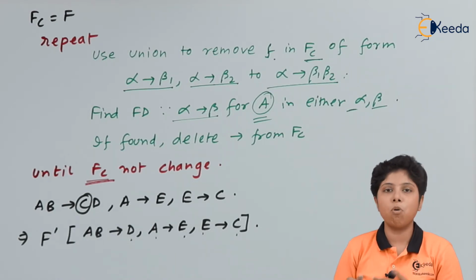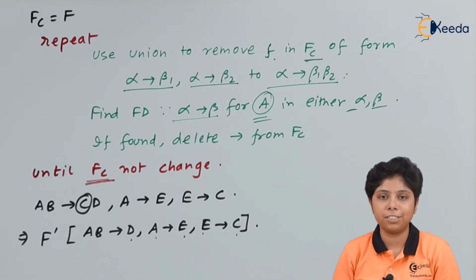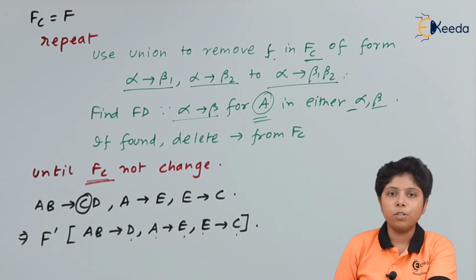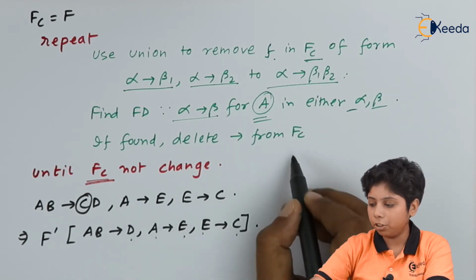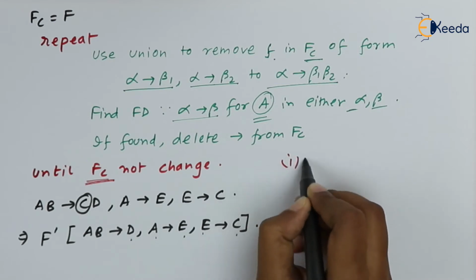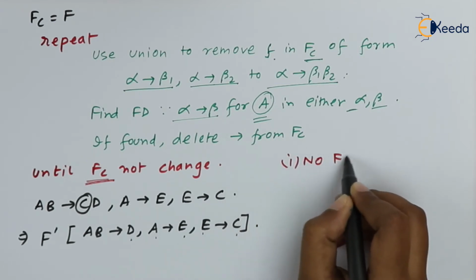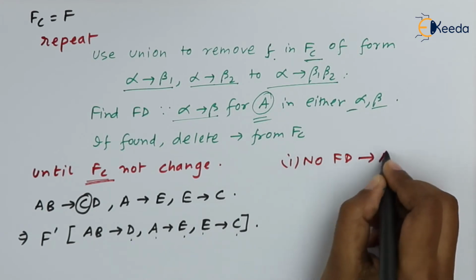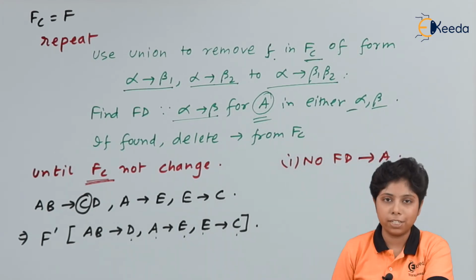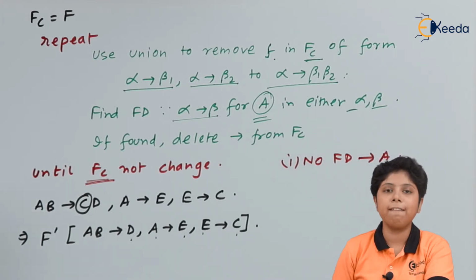So now we can more formally define the extraneous attributes and, based on it, the canonical cover. So the two portions that we need to consider are that there should be no functional dependencies that consist of an extraneous attribute, and if there exists a functional dependency, then the left hand side must always be unique.